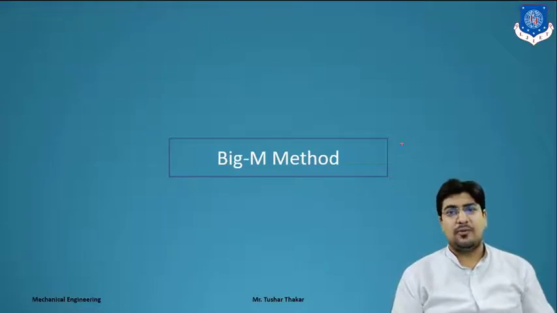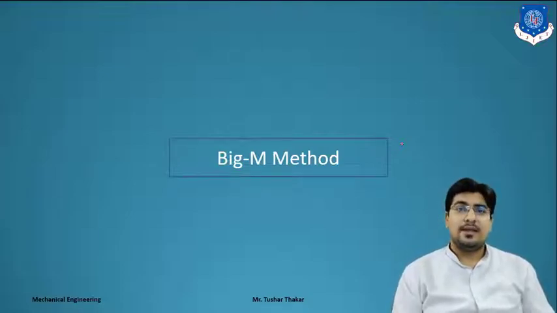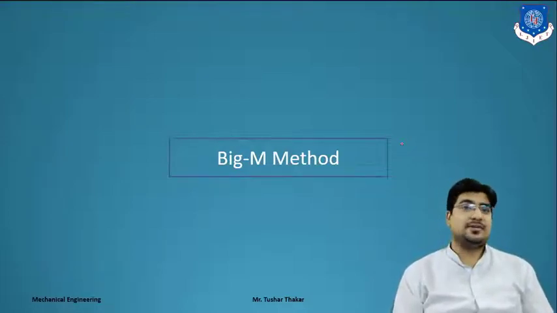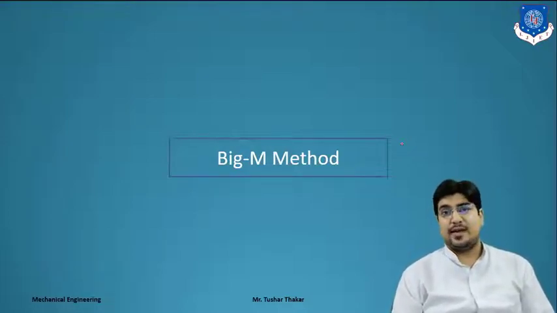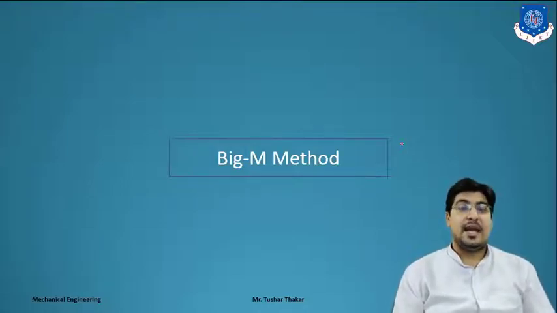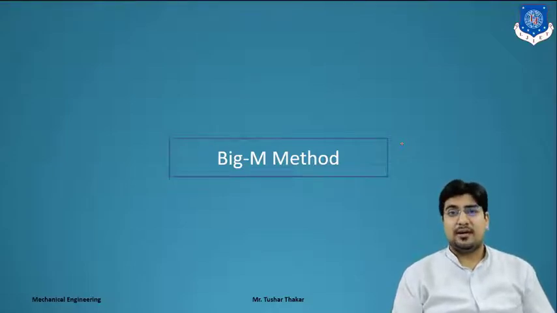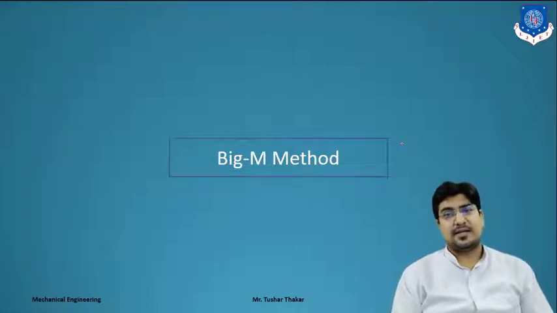Whenever in an LP problem the inequality sign is given as greater or equal to, in place of less or equal to, at that time we use the big M method. For the big M method we add a surplus variable, and then subtract an artificial variable, for balancing our problem.